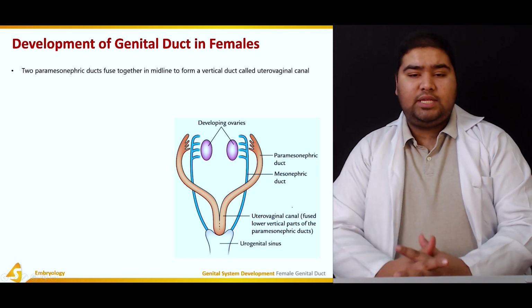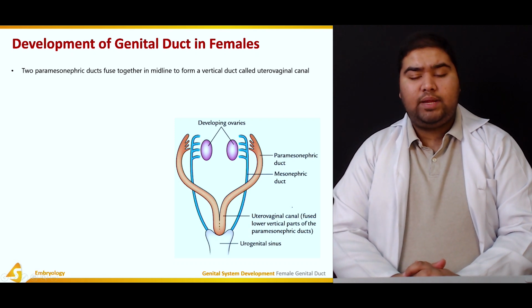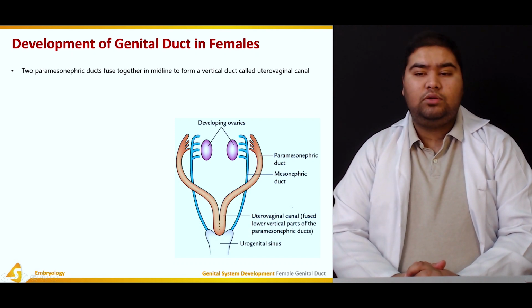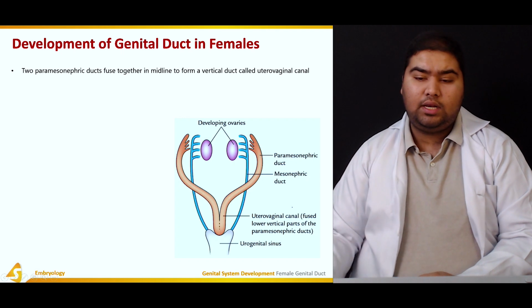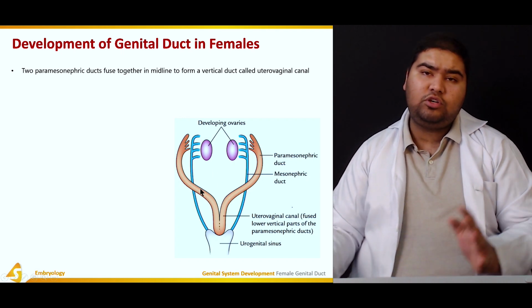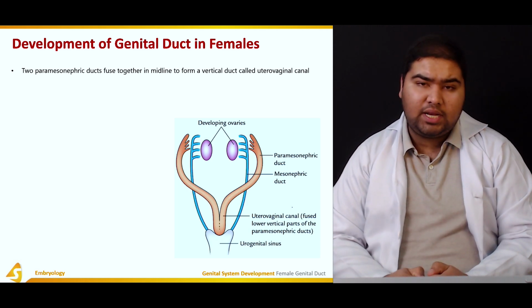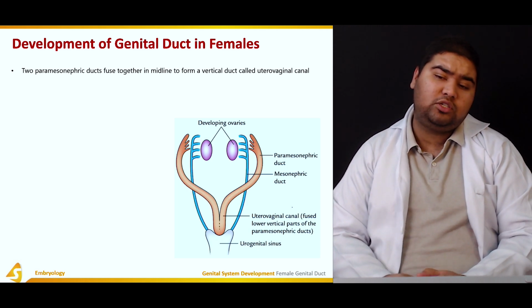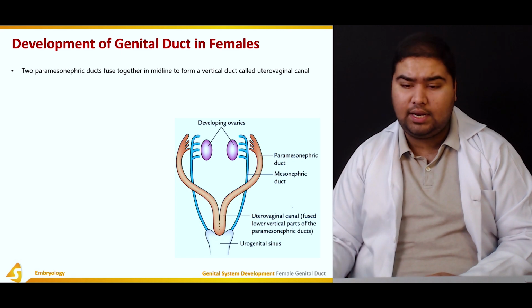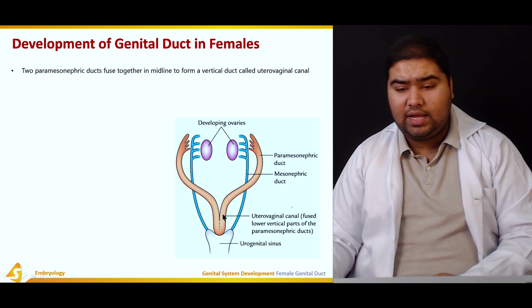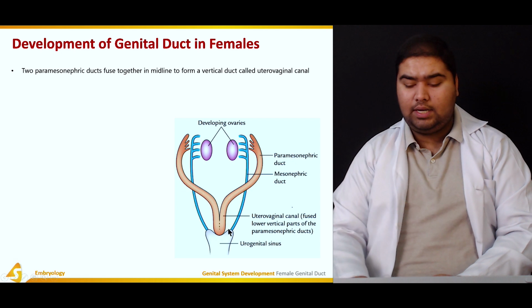The two paramesonephric ducts fuse in the midline to form a vertical duct. So the fusion of these two paramesonephric ducts caudally in the midline results in the formation of the uterovaginal canal. This is known as the uterovaginal canal.